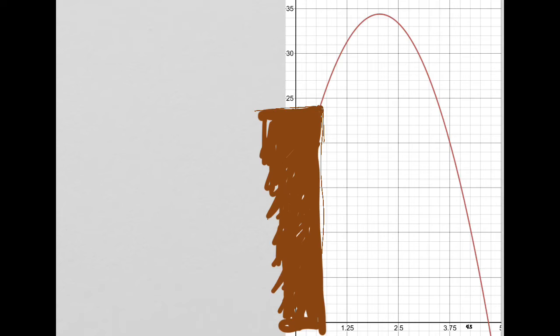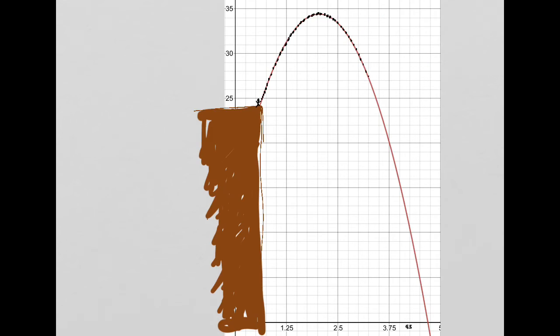Now we have somebody throwing a rock with an initial velocity of 20 meters per second. And if you look real closely, you can see there's somebody standing on this cliff and the rock is following this height function.